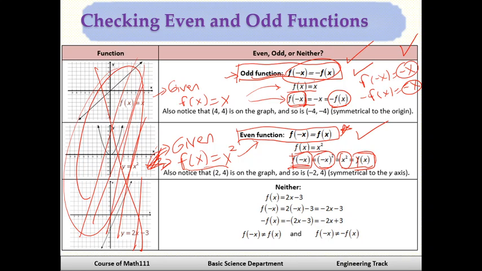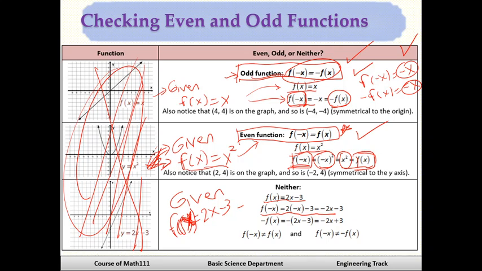If you are checking for evenness and oddness, you have to write f of x, then write f of minus x. Here the function given is 2x minus 3. So this is f of x.